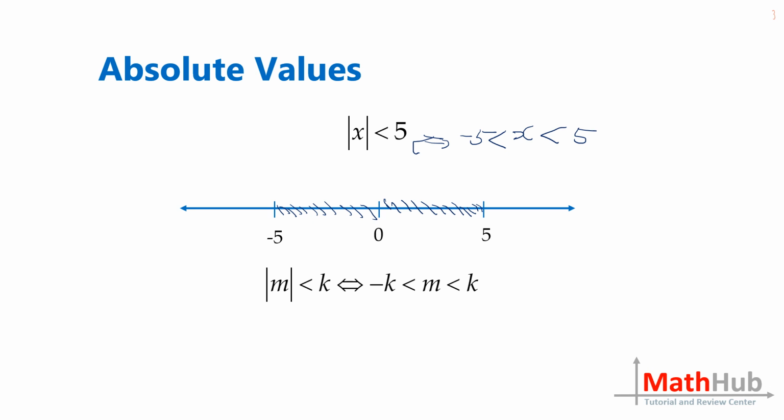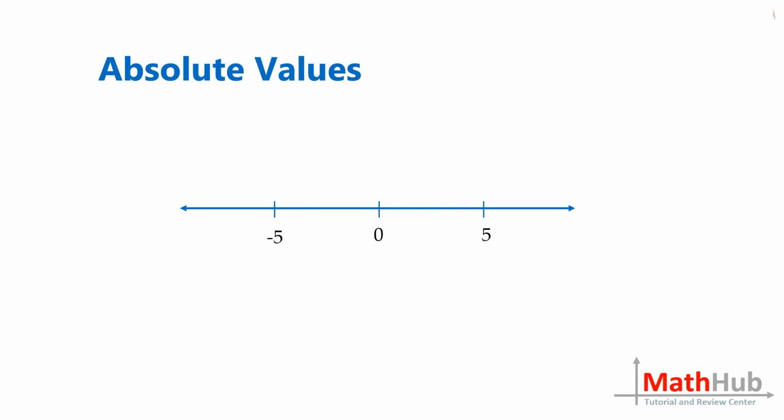Anyway, what is that saying? If we have a less than sign, what happens is that your number inside the absolute value sign gets sandwiched by k and its negative. Now, what about if we have a greater than inequality sign? Like in this case, absolute value of x is greater than 5.